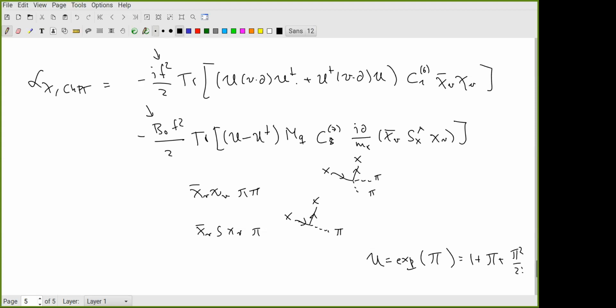The term with the 1 cancels, there are probably factors of i somewhere, and the pion term cancels too, and the only thing that remains is the term quadratic in the pion fields. You just need to insert this expansion for the U matrix. Whereas in the second one, the daggers and minus signs conspire in such a way that the leading term is the one with a single pion field.